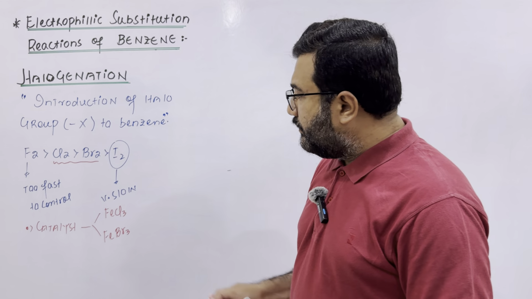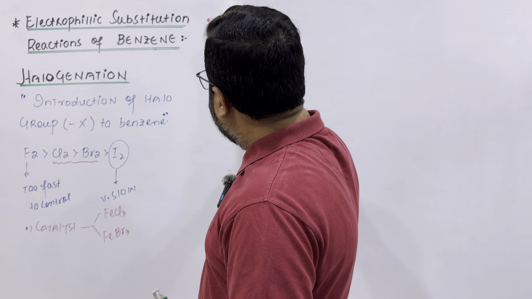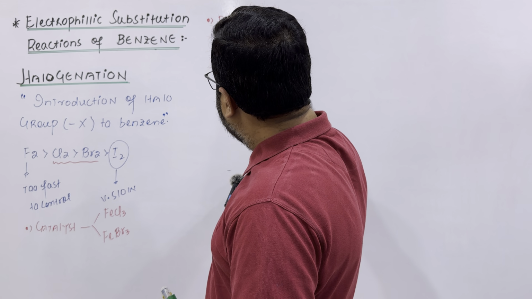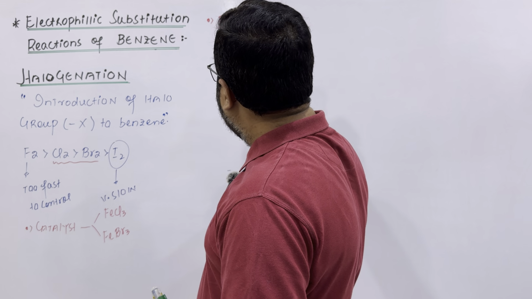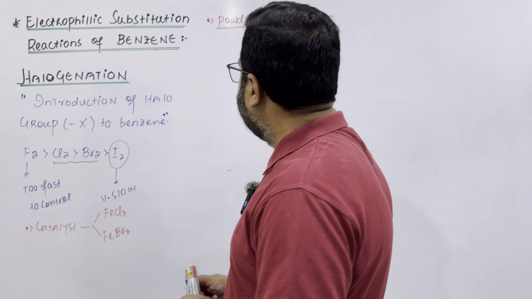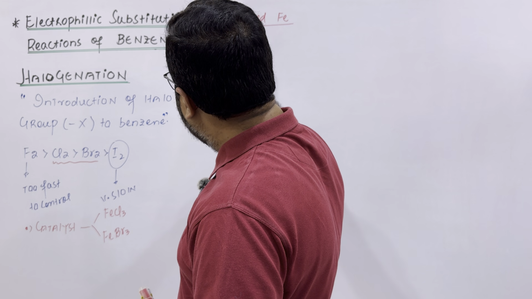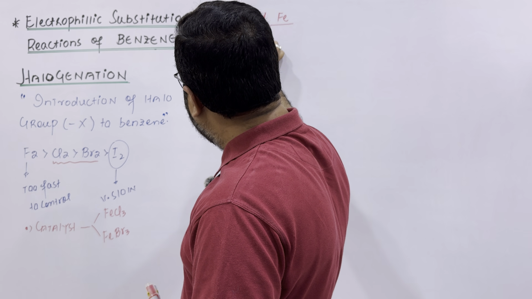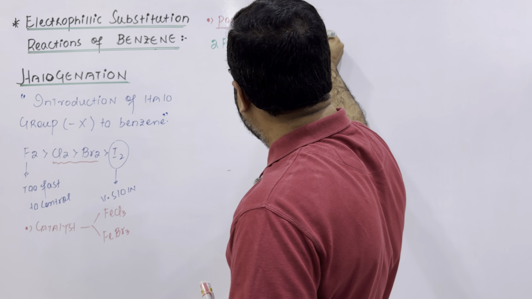Or simply you can directly use the powdered iron, and when the powdered iron is introduced in the reaction mixture, it will react with the chlorine or bromine to form the ferric chloride or ferric bromide.